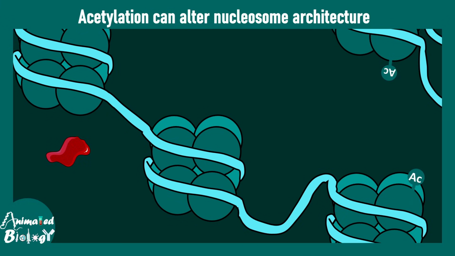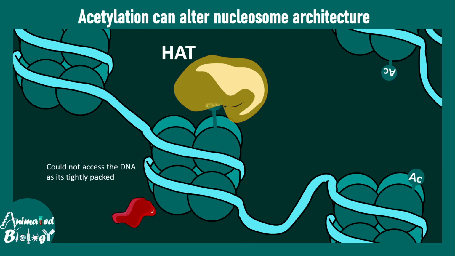So let us look at one transcription factor. It needs to bind to the promoter of the DNA to do transcription. But in this tightly woven state, it fails to interact with the DNA. What's the solution? There are proteins called histone acetyltransferases which can lead to acetylation of the histone.